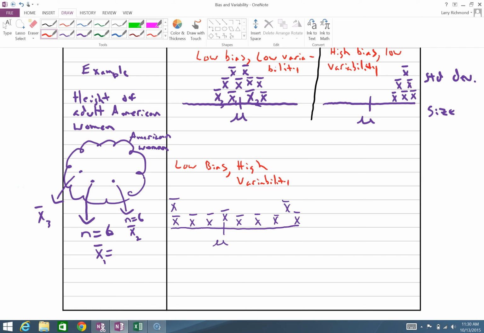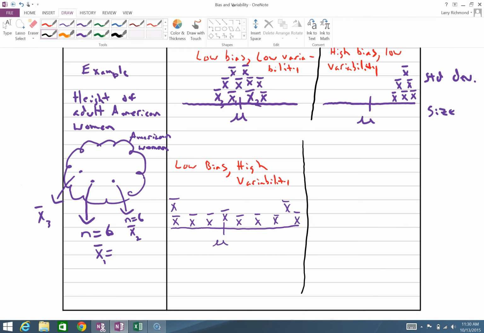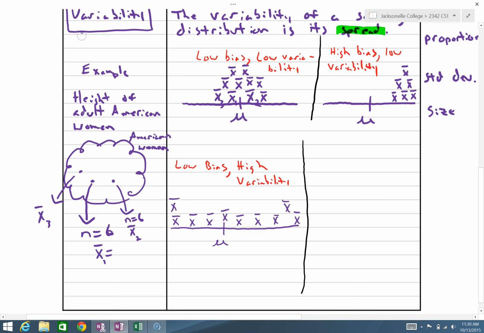All right, last situation. I'm sure you can figure out where we're headed here, but here we're looking for high bias and high variability. So if we have our population mean that we're trying to find, and this time our distribution is really spread out.